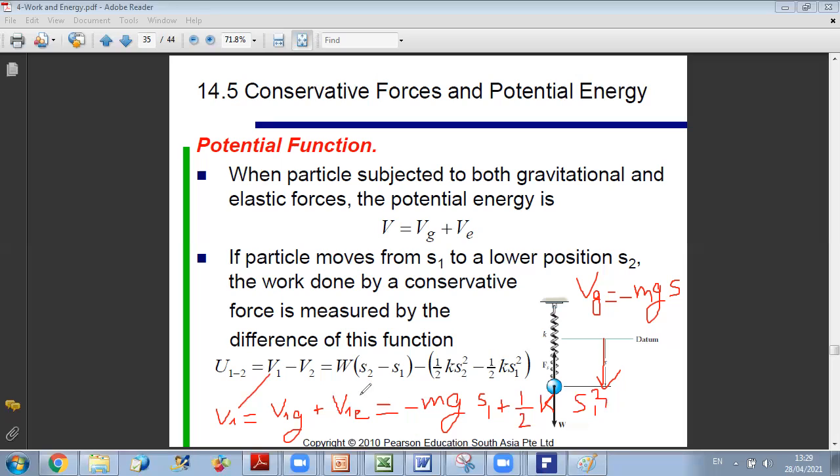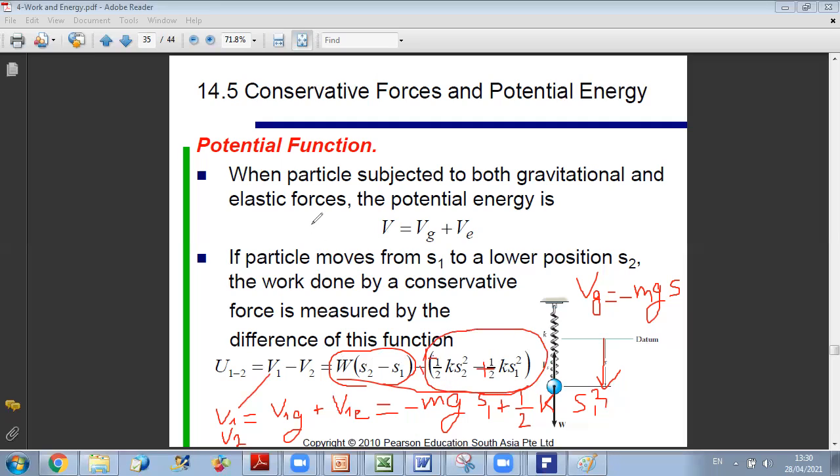The same thing if I do V2: I get minus mg s2 and plus half k s2 square. Now if you do V1 minus V2, what do you get? You get W S2 minus S1, which is the same as what we found for the work of the weight, W delta S, and the remaining terms give plus half k S1 square and minus half k S2 square, which is the work of the spring. So this represents the work of the spring.